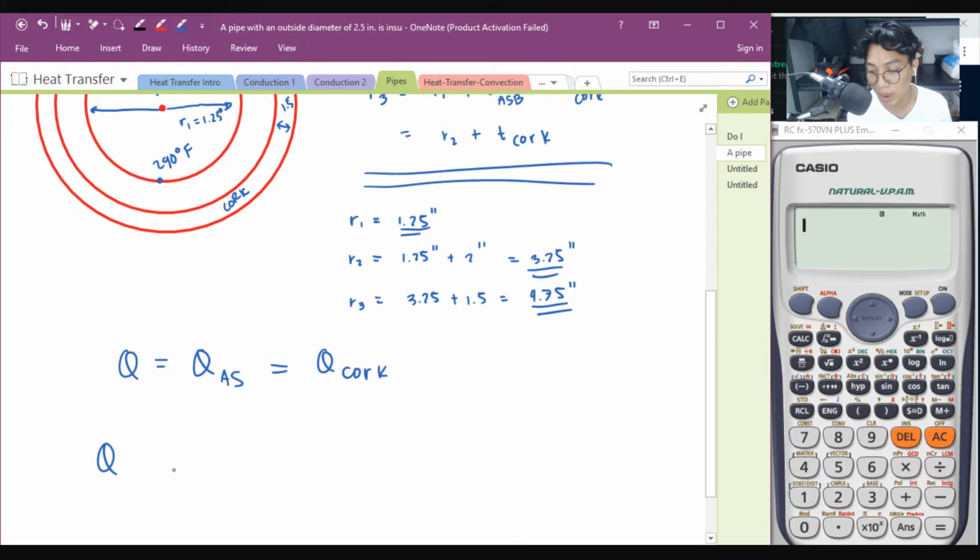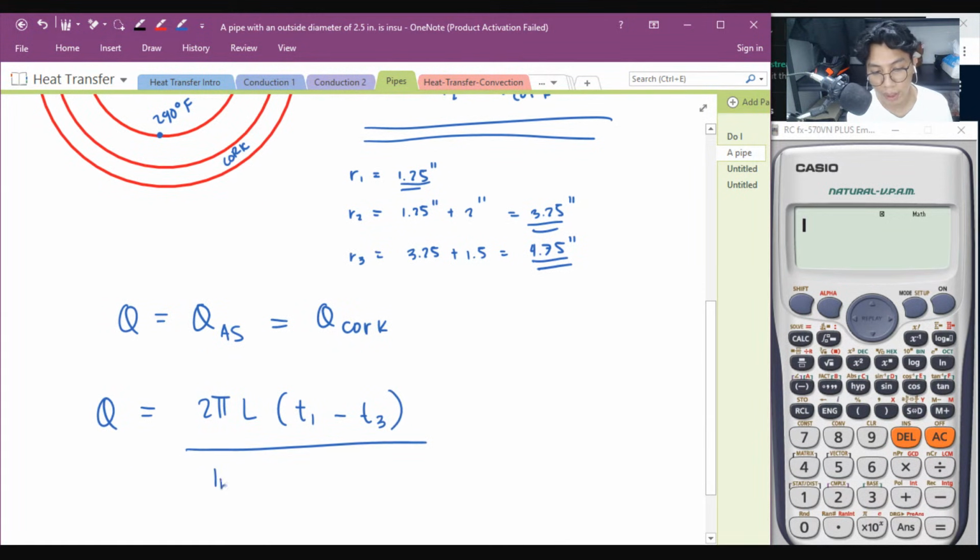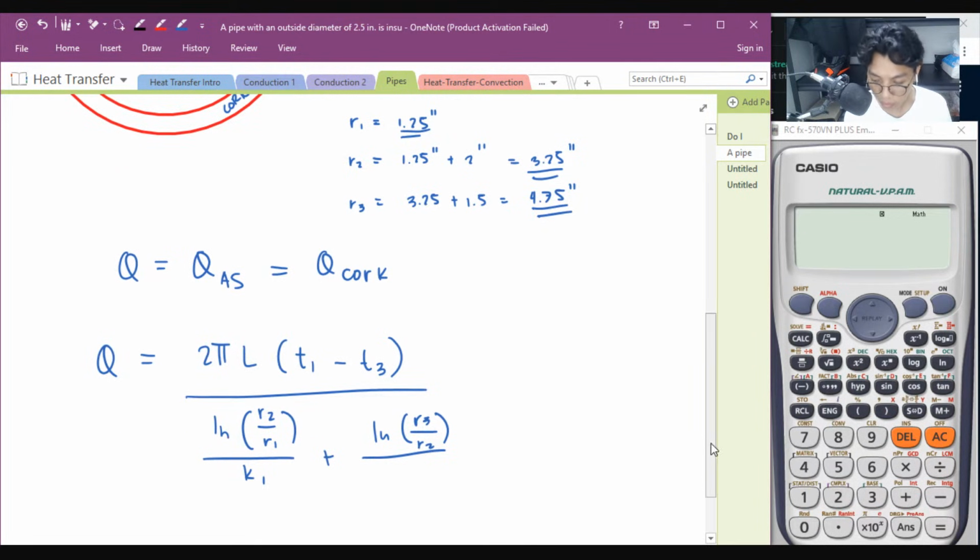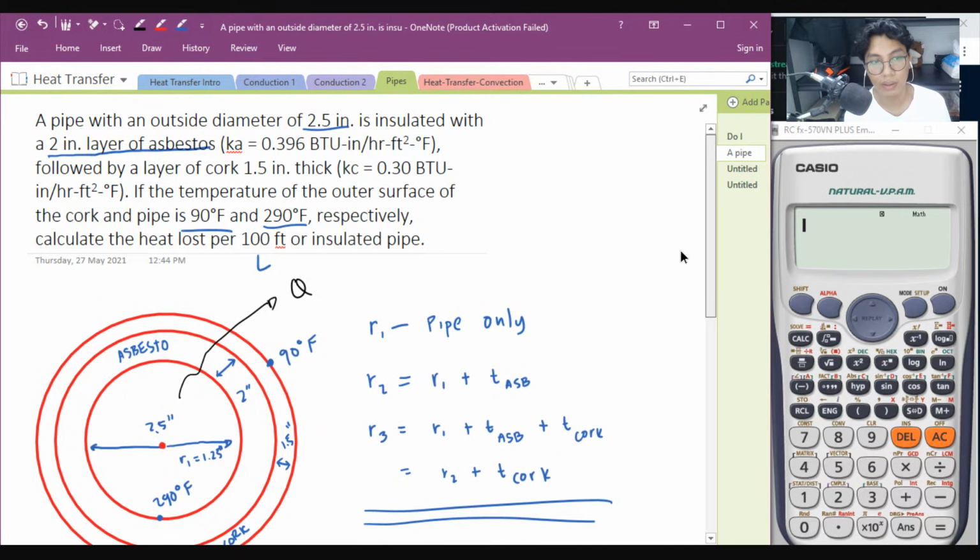So, this is Q equals 2 pi L multiplied by T1 minus T3 over the natural logarithm of R2 over R1 over K1 plus ln of R3 over R2 over K2.